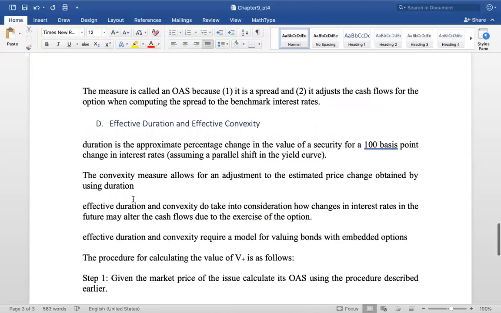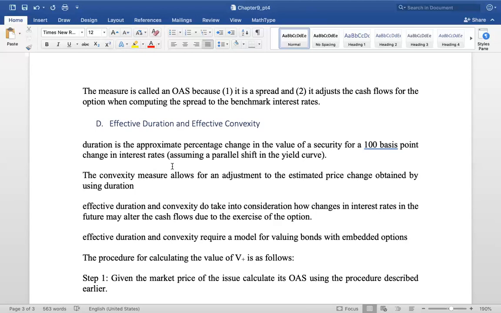Okay. Now again, let's talk about another important aspect of valuation, which is the effective duration and effective convexity. Remember, when we talked about duration and convexity in chapter number 7, we said that the effective duration is basically the approximate percentage change in the value of a security for a 100 basis point change in interest rate, and convexity adjusts this duration measure.